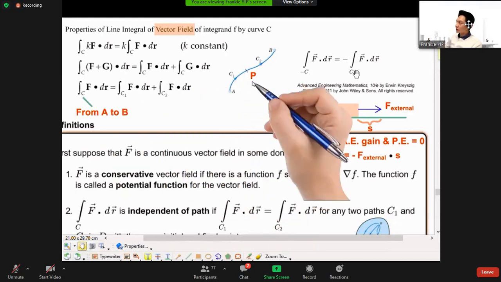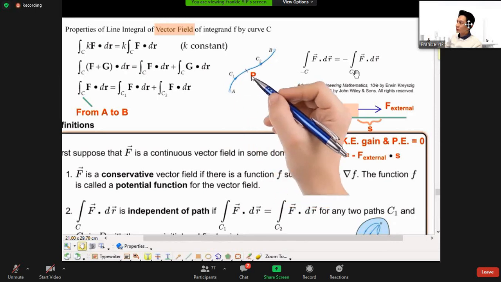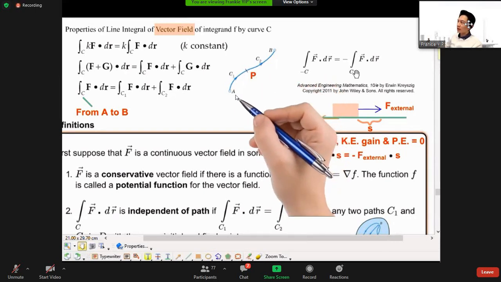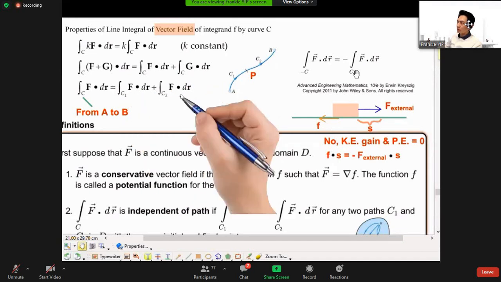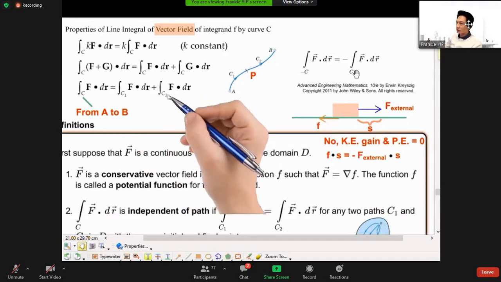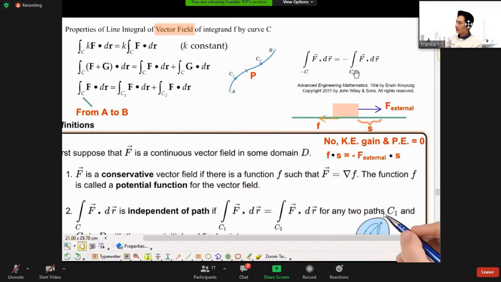For example, if you integrate from point A to point P, you need to know the coordinates of A and P. Otherwise, you cannot use the third property.